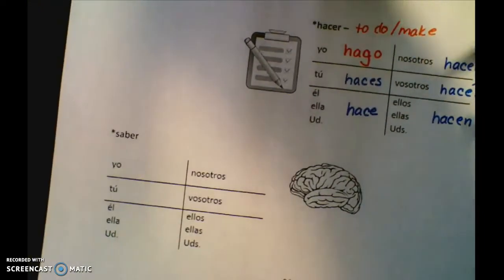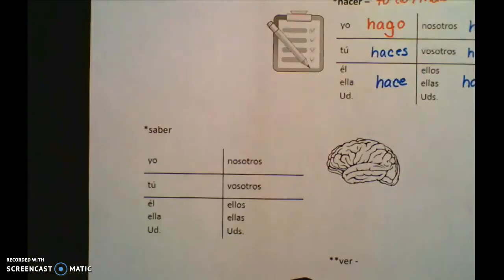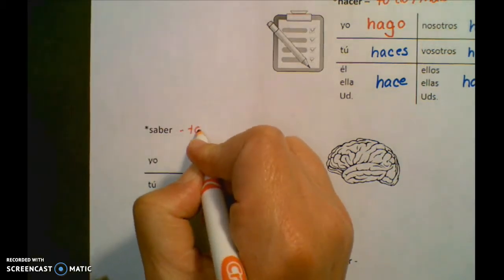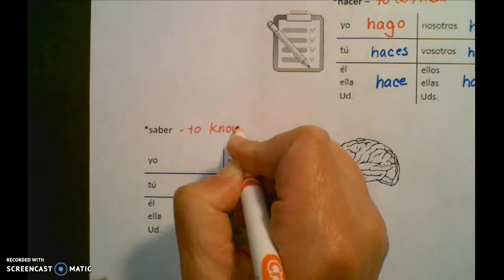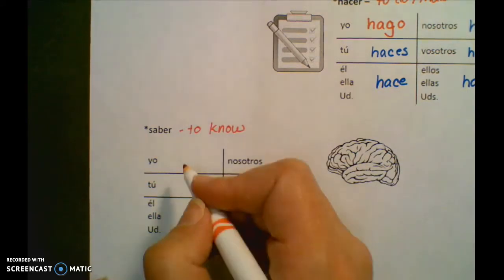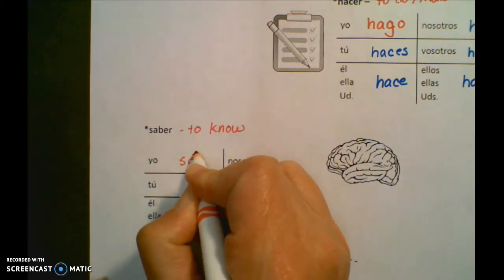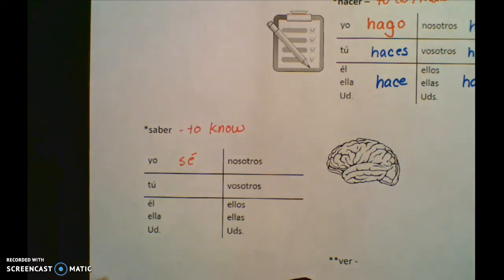Let's go down here to saber, which are brain. All right? Because saber is to know. Okay? This also has an irregular yo. To know. You'd think it'd be sabo, but it's not. It's just yo sé with an accent mark. I'm going to play Billy Bufanda for you 1,000 times where they're like, yo sé, I know. Okay?